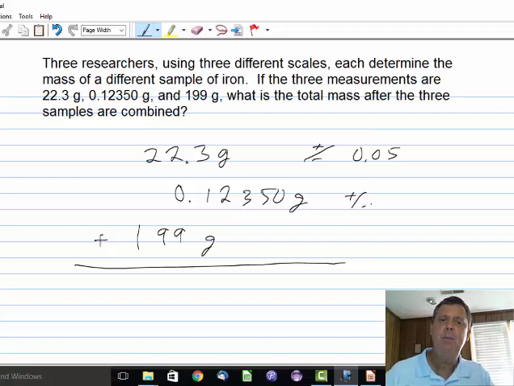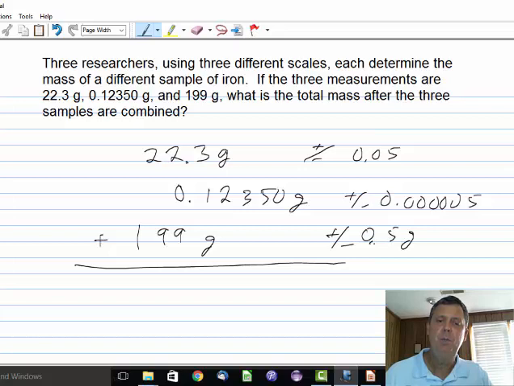This has an error of plus or minus 0.00005 grams. This has an error of plus or minus 0.5 grams. By error, I mean that's the error of the equipment that was used.